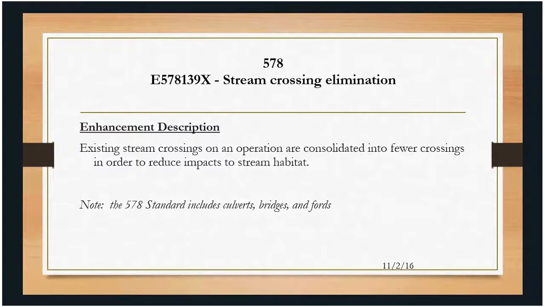So anywhere there's a road that crosses a stream, whether they're just driving through it, going through a culvert, or over a bridge, those all count as stream crossings. And if you can take an operation that has multiples of these and consolidate them down into fewer crossings, that is the intent of this enhancement.